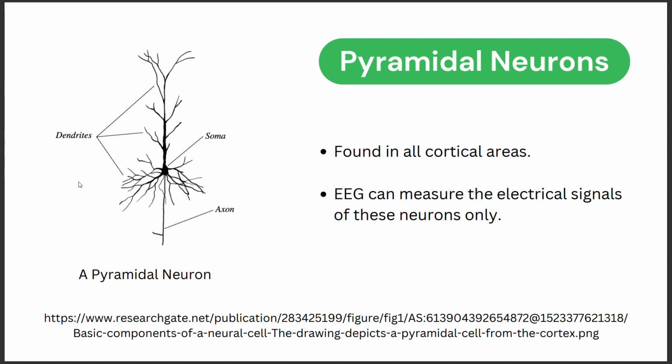Cells in deeper brain structures do not have this specific orientation. In short, with EEG, we try to capture the electric signals generated by these pyramidal cells. And the electric signals that we capture are in the form of frequency bands with specific frequency ranges.